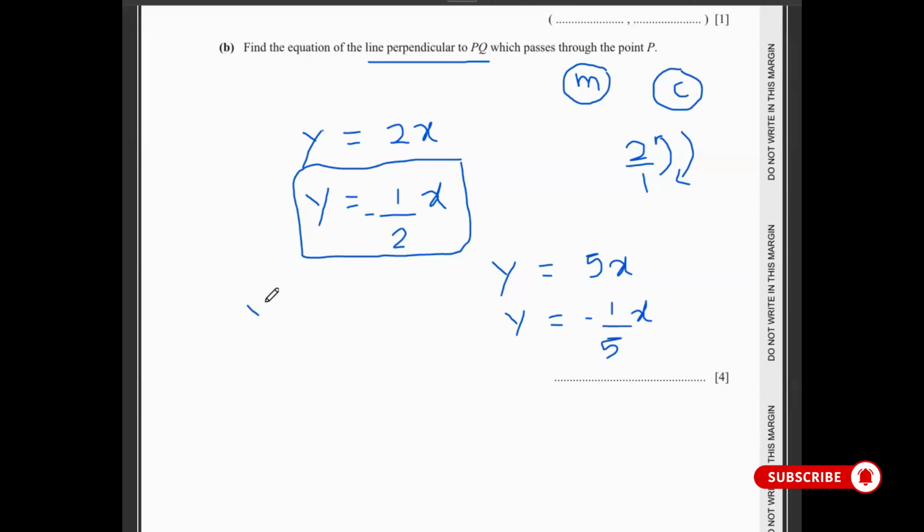We'll do one more example before we go to our sum. Look at this one: y equals 2/3 x. I need to write down the line perpendicular to this. What will be the equation of the line perpendicular to this?